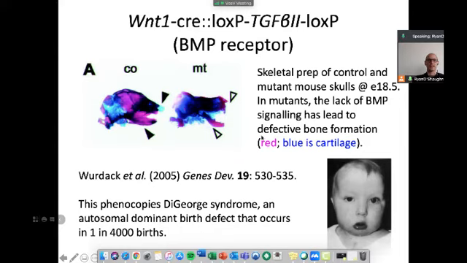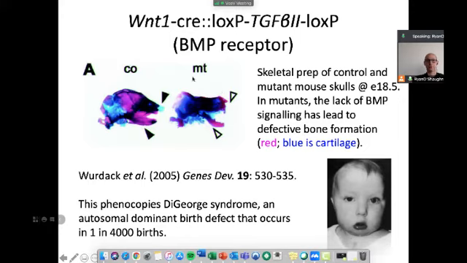And in this stain, blue is cartilage and red is bone. And so we can see in our mutant here, the lack of BMP signaling leads to an almost complete absence of bone formation.